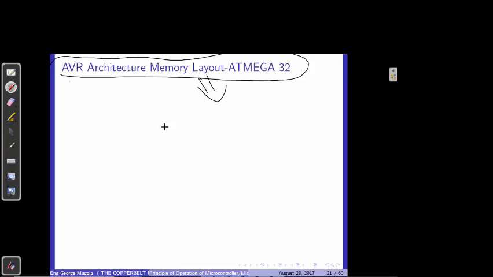Now remember, we've said that the Atmega 32 is the chip of choice. We did talk about in the last class that this chip, we're going to use it for learning the basics of assembly language, and that will be our chip.